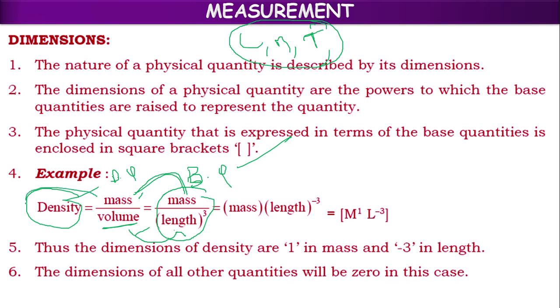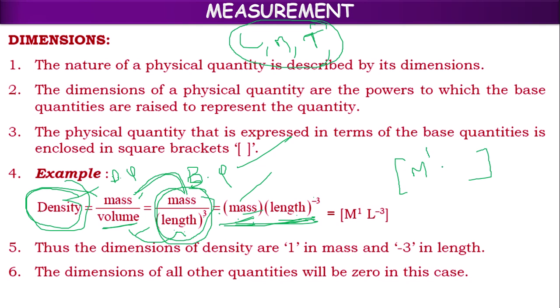So density is a derived quantity. We have written it in terms of base quantities: mass, length cube. It will become length to the power of -3. These base quantities can be enclosed in square brackets, where the symbol for mass is M. It is appearing only one time, so in the power we have to keep 1.